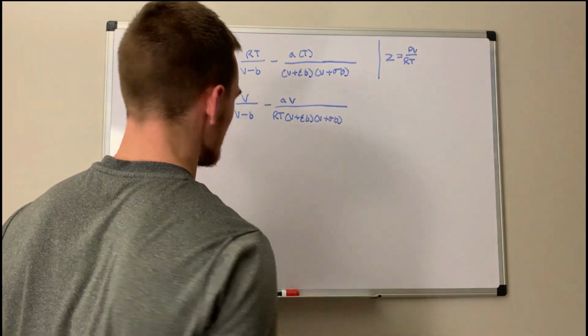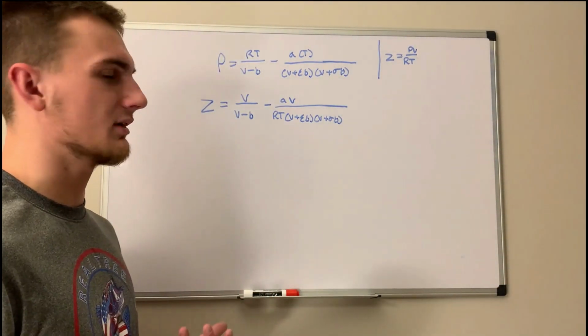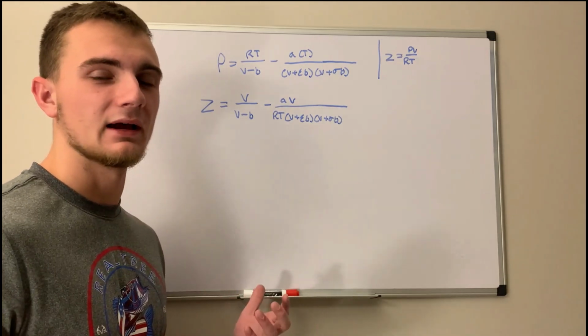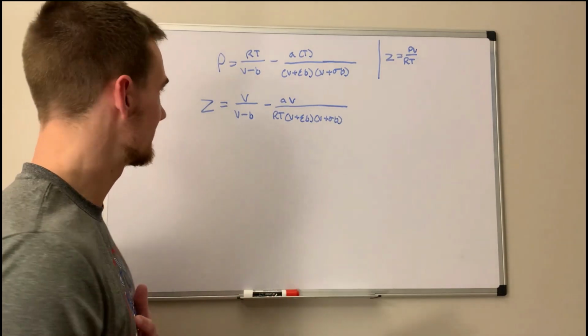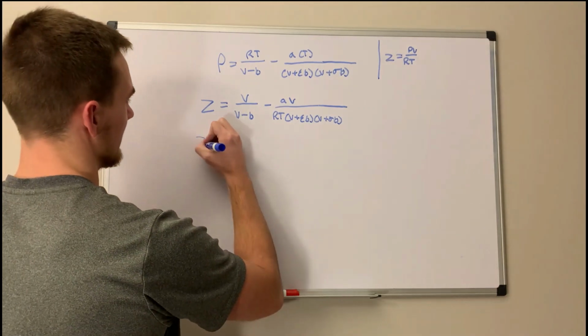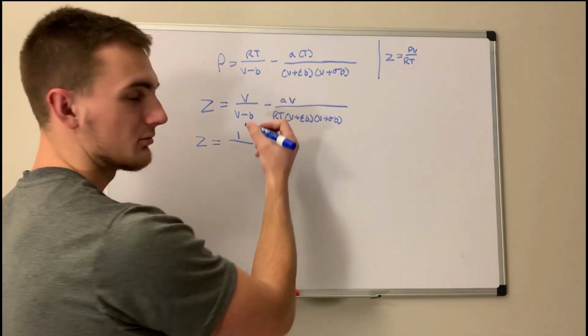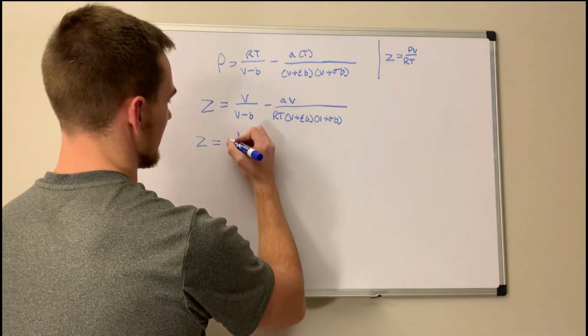Okay? Now the next step here, we're going to divide both the numerator and the denominator by V, the specific volume. So doing that, we'll have Z equals 1, both the numerator and the denominator dividing by V here.